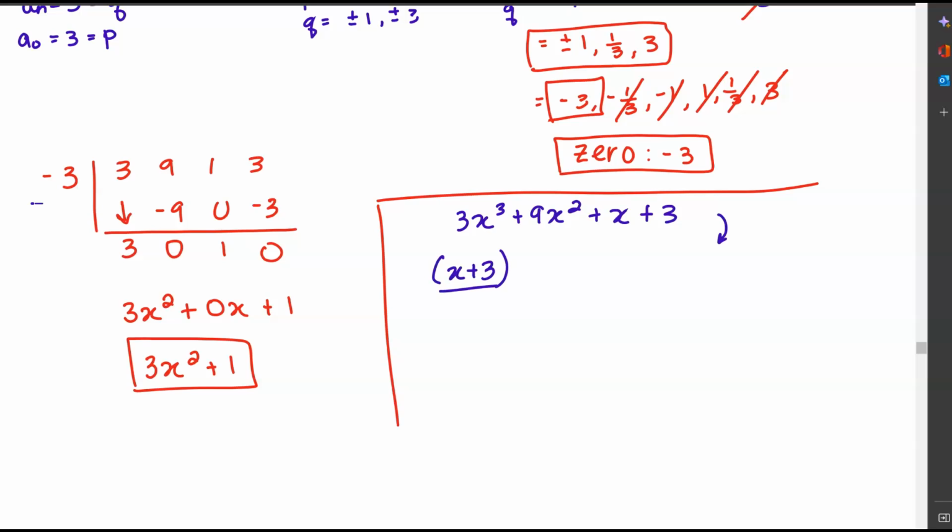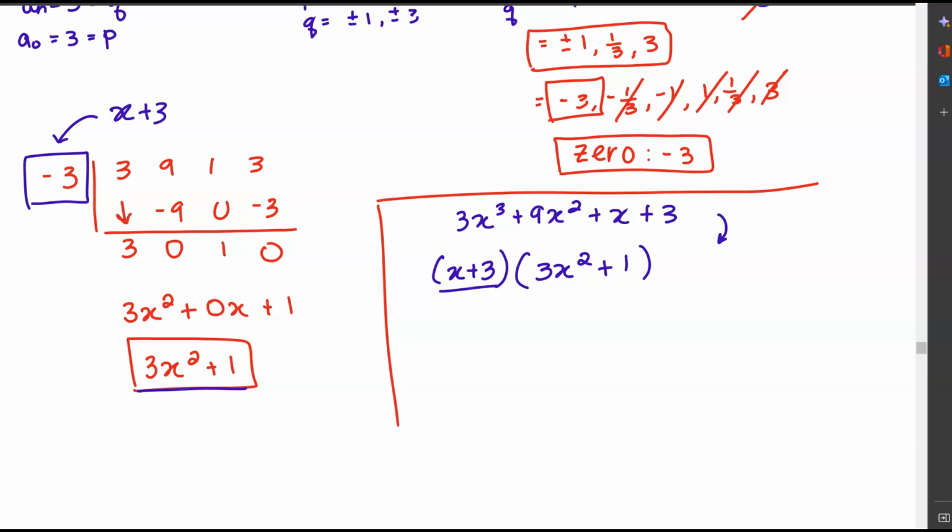Remember, this x plus 3 came from the fact that of this negative 3 here, right? Which means that this is x plus 3 times 3x squared plus 1. And right, so here's this value.